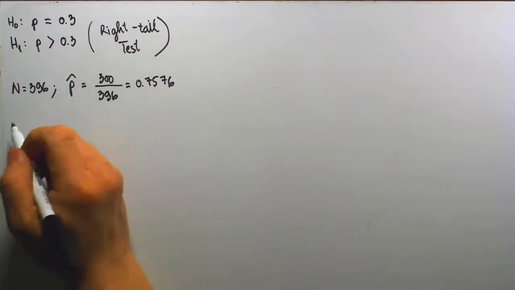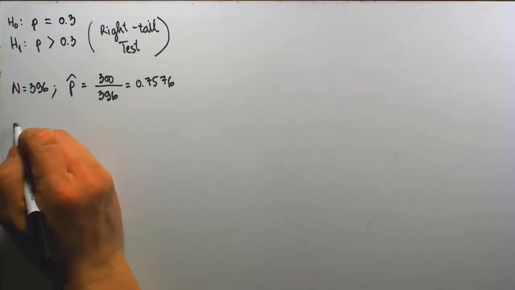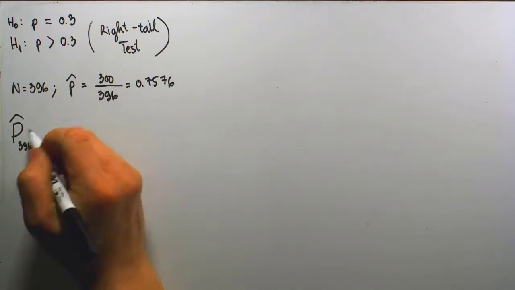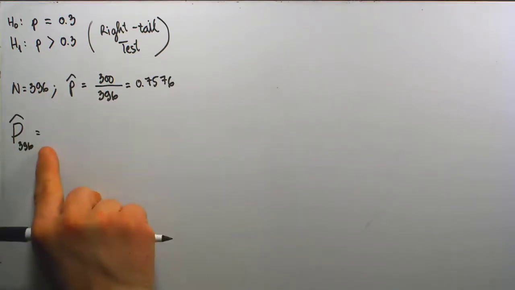So now I'm going to write it down formally right here. Capital P hat 396, something for us to realize. This P hat is one of the values of this variable, this random variable.